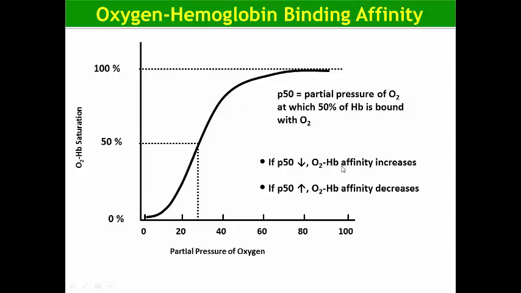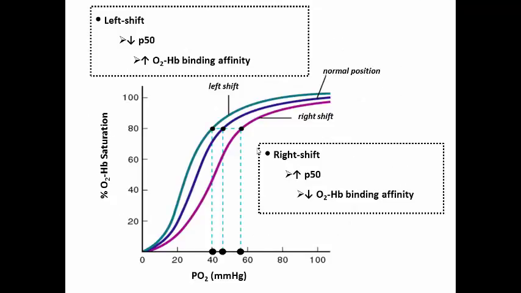And when the affinity increases because of a decrease in the P50, if we plot the curve, this curve with an increased affinity would be shifted to the left of the original curve. And if the affinity decreases because of an increase in P50, and if we now plot the curve, the curve would be shifted to the right of the original curve.